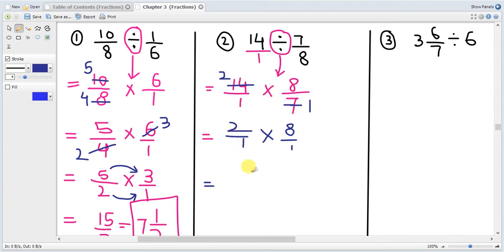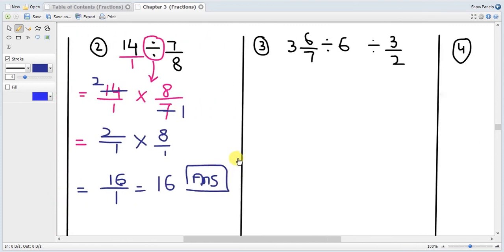So simply multiply these fractions, numerators with numerators and denominators with denominators. So 2 times 8 is 16 and 1 times 1 is 1, or simply 16. Both are correct ways of writing your answer. This is our final answer. Bingo, we are done.